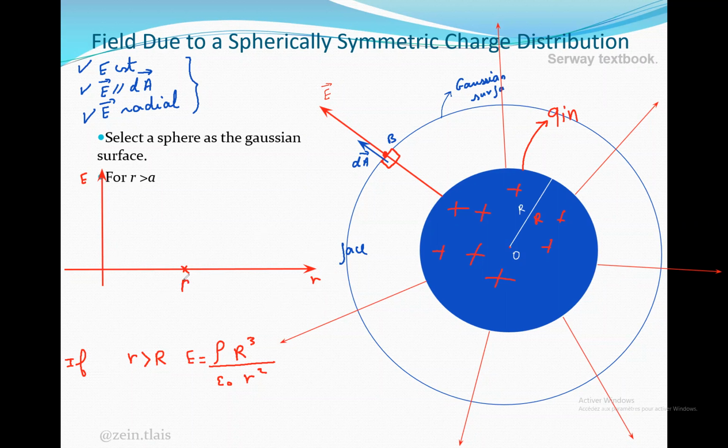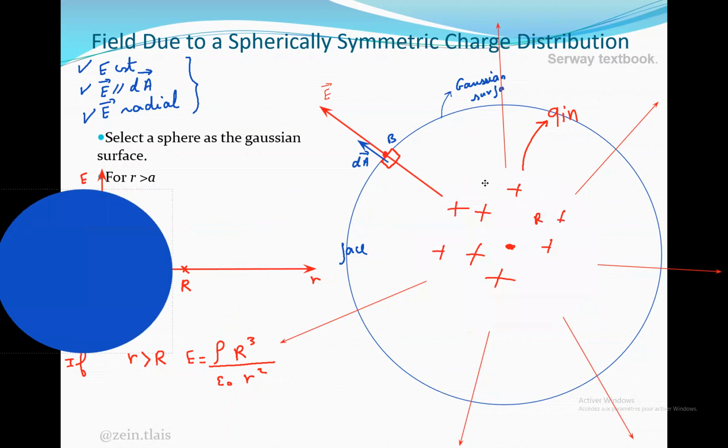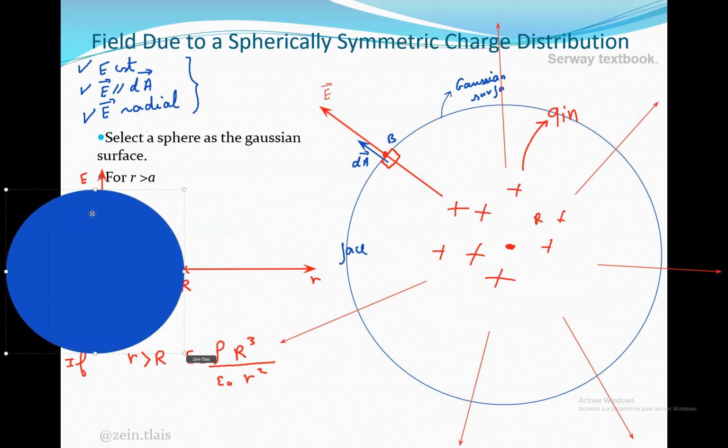Here we have the capital radius, and the center O. From here to here we have this sphere with the radius R, and we are working with r small greater than this point. I am calculating in this region.